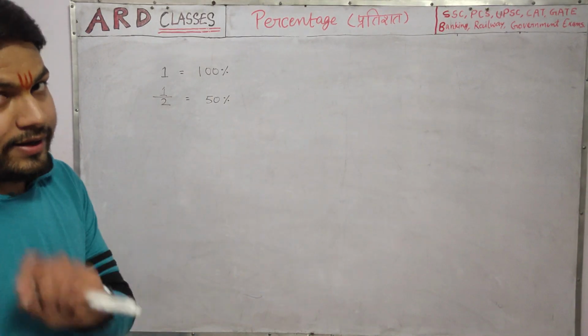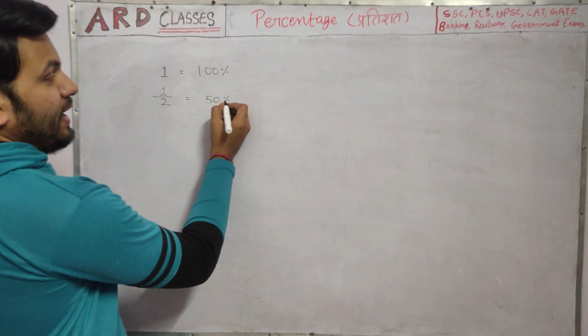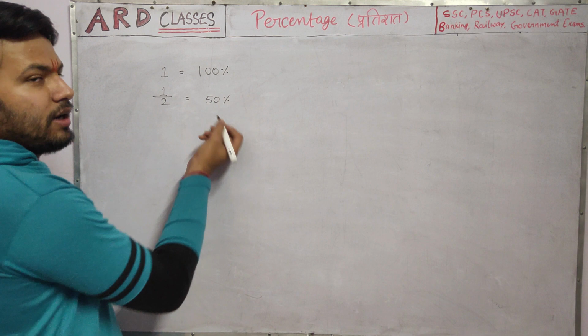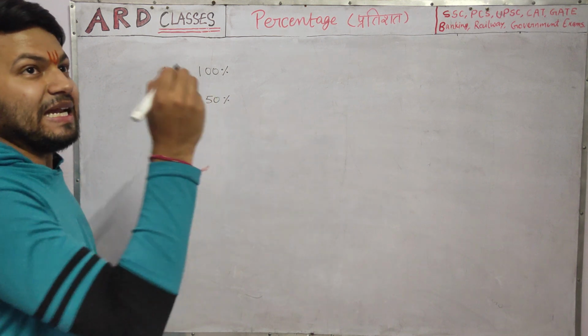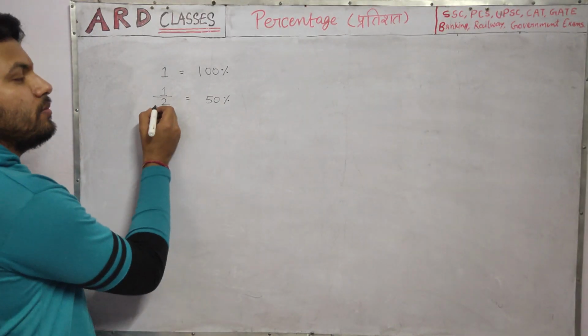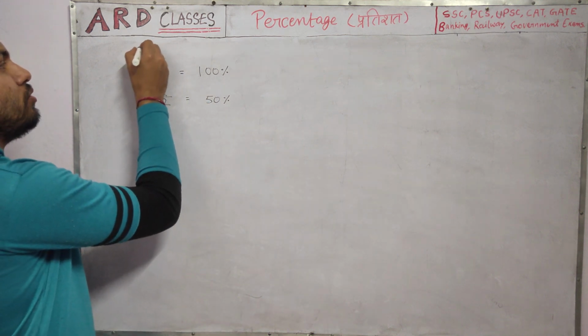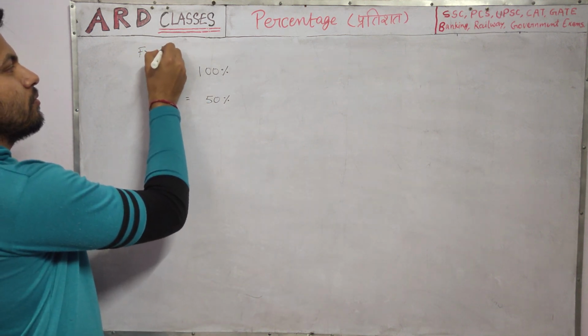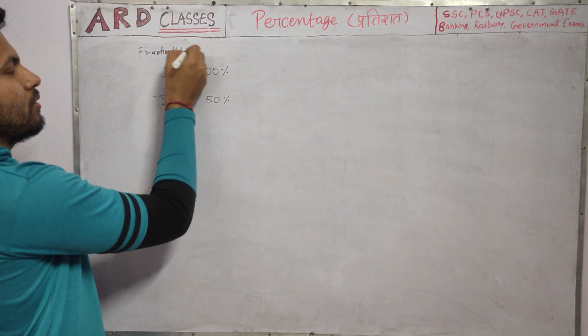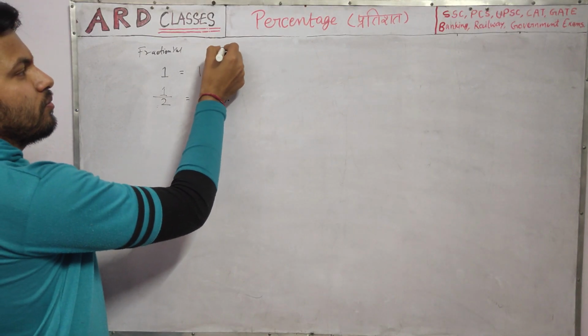Percentage means 1 by 100. So when you solve 50 into 1 by 100, then it will come 1 by 2. So that's why the equal sign has come. This is fraction value. This is percentage value.